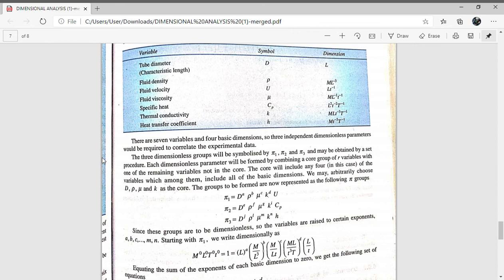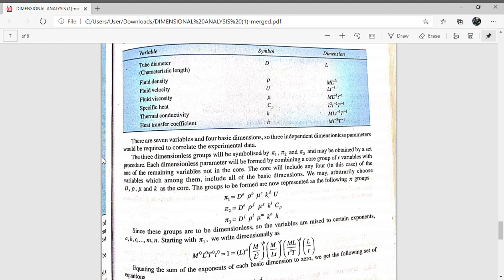Right? And how to select these repeating variables? One repeating variable consists of geometry, that means diameter we take as geometry. One variable consists of fluid property; we take density. Other variable we take dynamic viscosity.